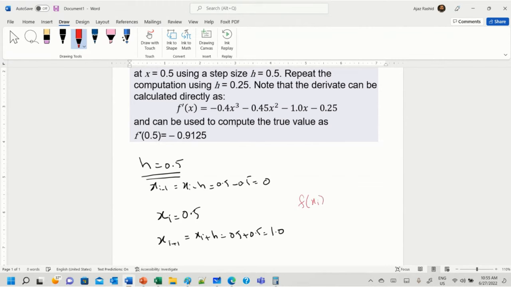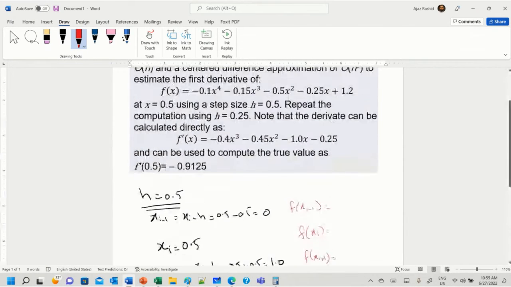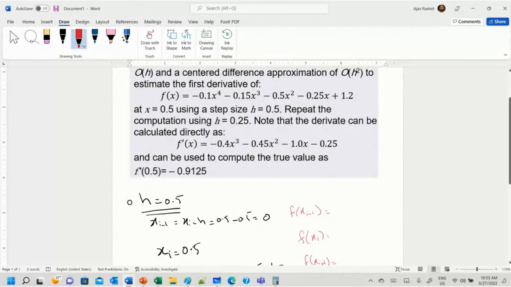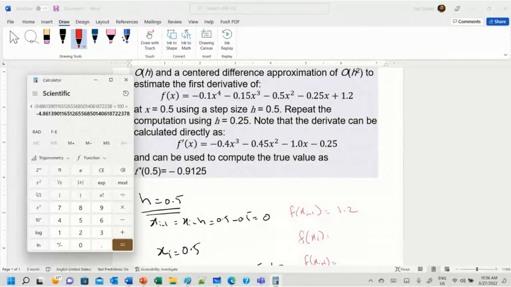Function at xi, function at xi plus 1, function at xi minus 1. So that's the equation for the function. At 0, of course, that's going to be 0, 0, 0, 0. So it's going to be 1.2. So that's easy to find. So I'll find the rest of it.